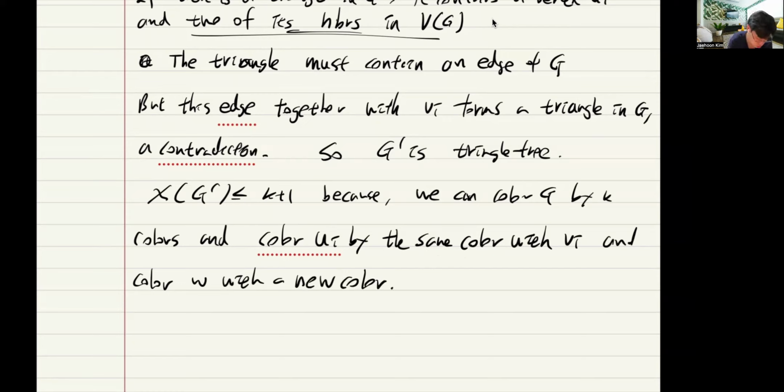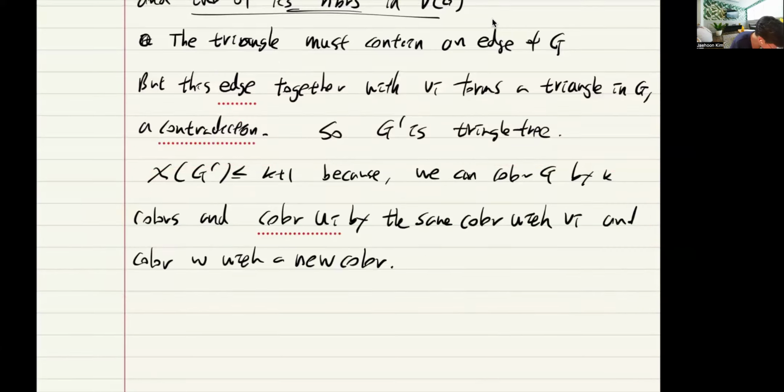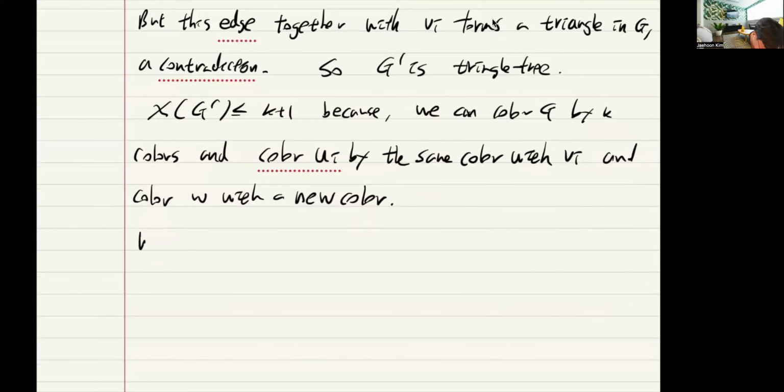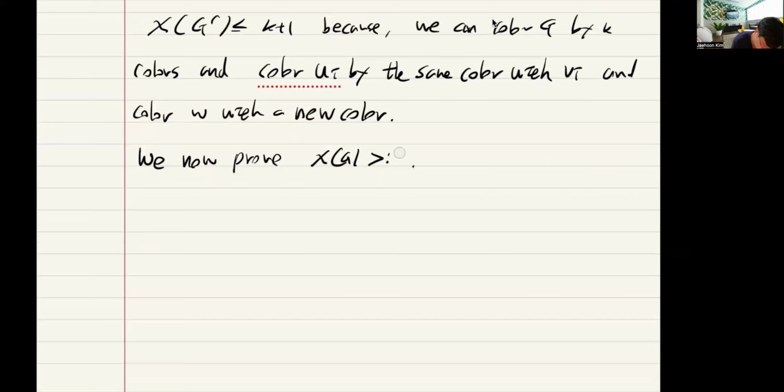Then it's easy to check that this is a proper coloring, so it can be colored with k plus 1 colors. Now we must prove that its chromatic number is bigger than k. Here k is the chromatic number of G.